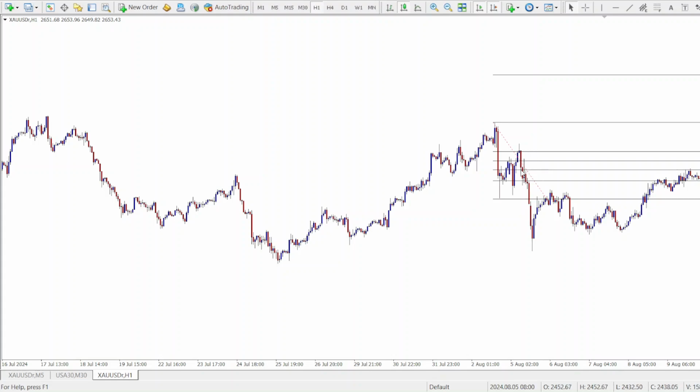So you can see that when price got to the 38.2, it was still going up. Got to the 50, it was still going up. Then after price got to 61.8, we can see this bearish reversal candlestick pattern here. We can see this inverted hammer forming right on top. So this would have been an indication of a sell.